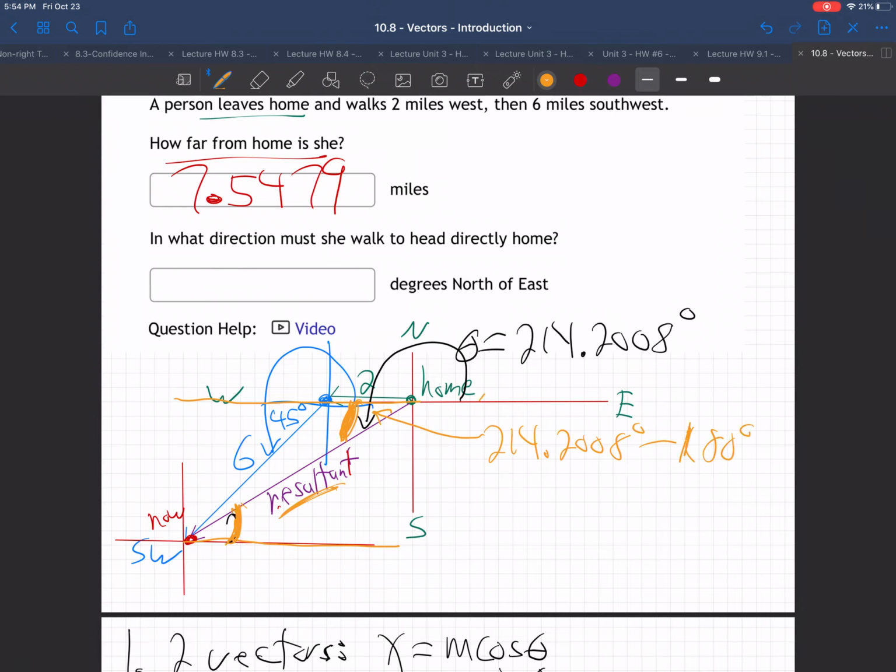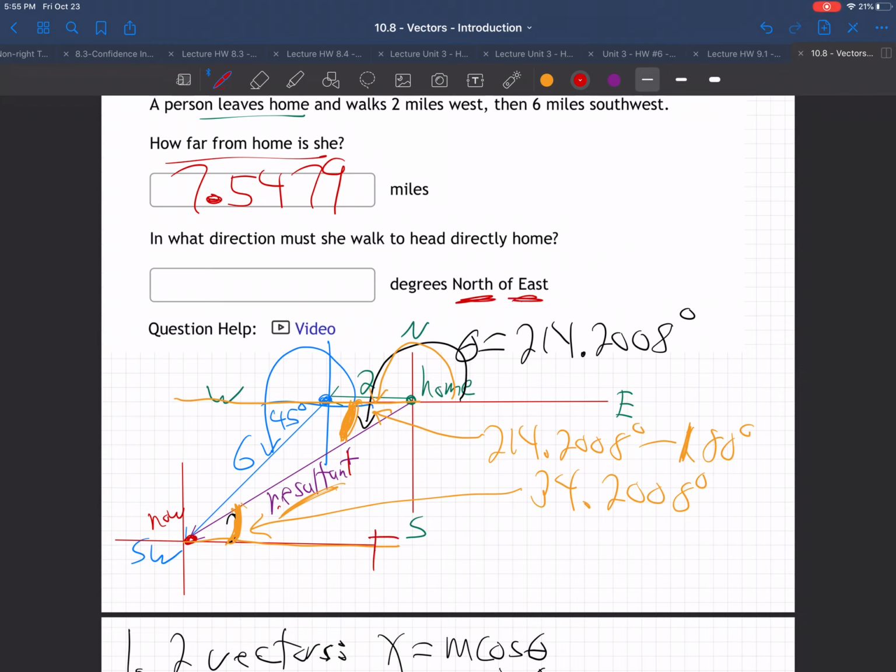Because it's 180 to there, and so then the rest of the way, subtract that, is going to be 34.2008 degrees. So that must be that, and that must be that one as well. So that's how many degrees. Oh, wait a minute. Oh, man, this is a hard problem. So we think, okay, that's our answer. Almost. We're so close. They actually want north of east. Oh, yeah, no, that is it.